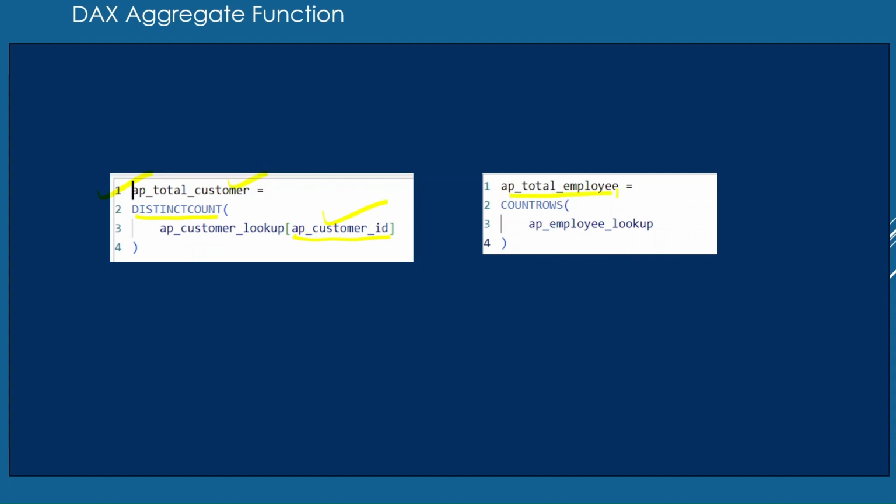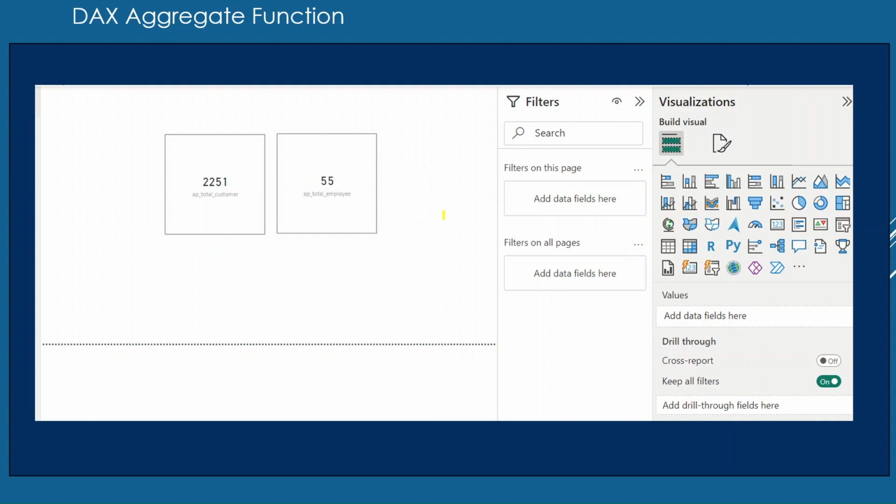One is total customer. This is the COUNTROWS: whatever the total number of rows available in this table, with the help of the COUNTROWS function we want to calculate, and the output will be available in this measure. And when we use the KPI of both distinct count and row count, the output will look like that.